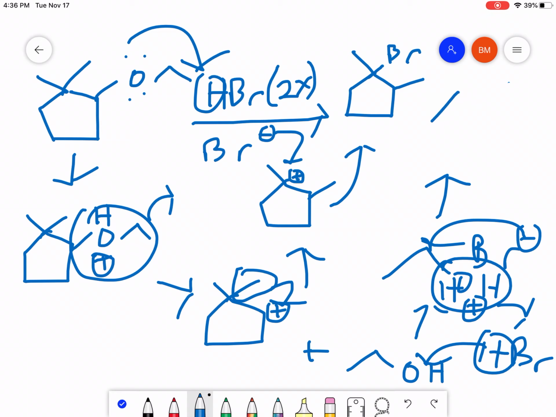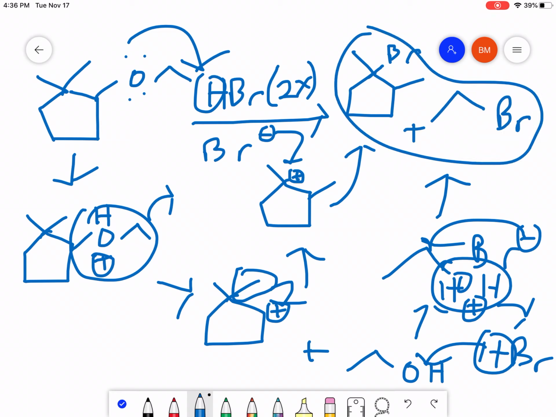And you get the other alkyl bromide as well. Very good. And that's basically it for ethers.